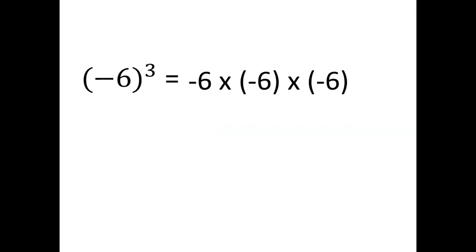The index shows how many times it is multiplied, so 3 times. The base is -6 and the index or the power is 3. So -6 times -6 times -6 equals -216. Take notice of the power, which is odd.